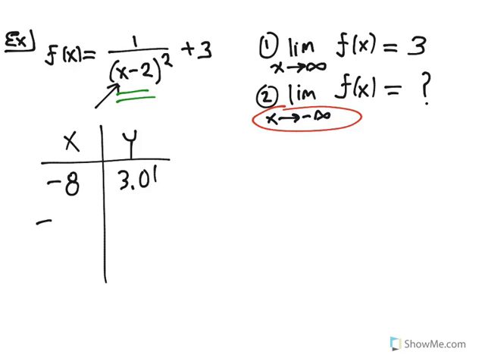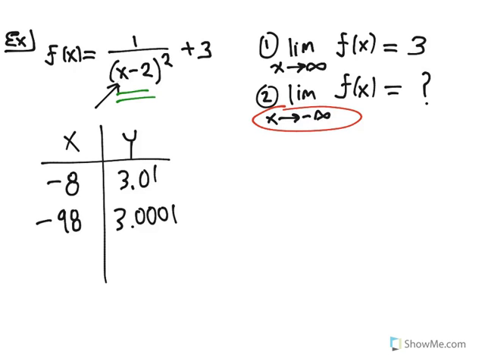And if I choose x to be negative 98, you'll have negative 98 minus 2, which is negative 100, and if you square that, you get positive 10,000. A negative times a negative is a positive, and then 1 divided by 10,000 is 1/10,000th, and add 3 to that and you get 3.0001.